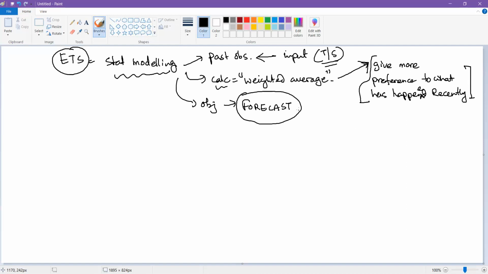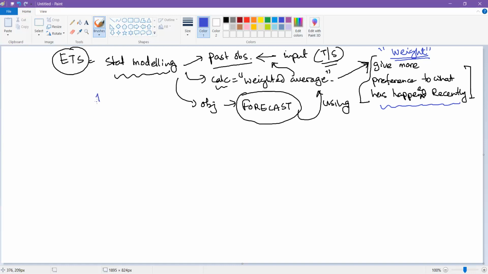So I'm going to do forecasting using a weighted average, taking input as the past observations, giving more weight or more preference to what has happened recently.